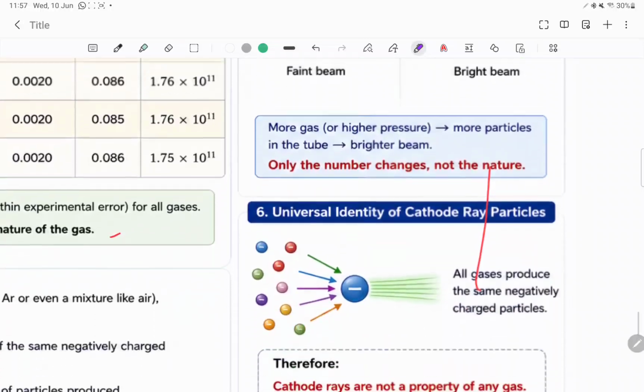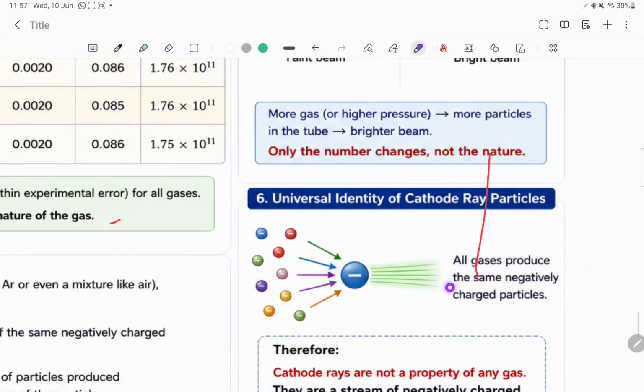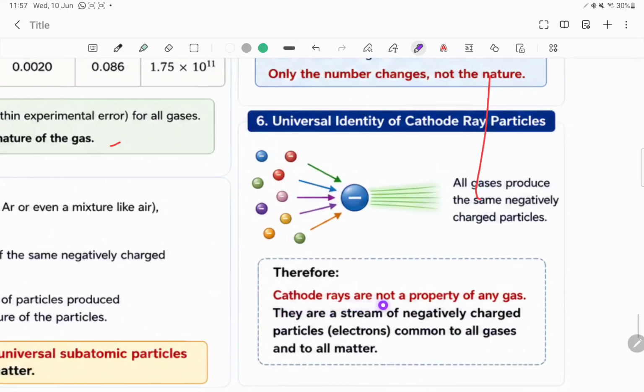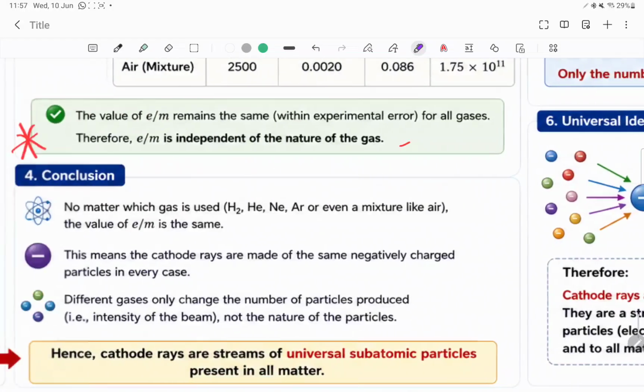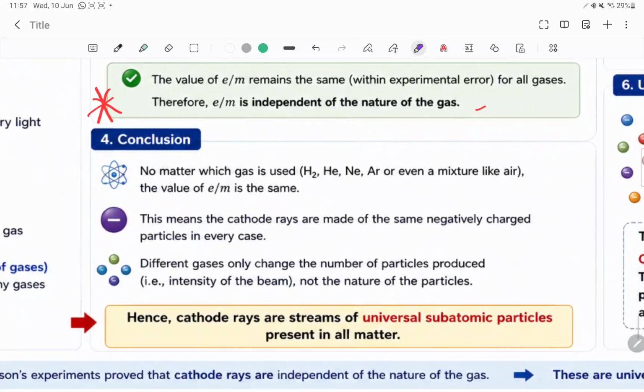So all the gases produce the same negatively charged particles. Therefore, cathode rays are not a property of any gas. They are a stream of negatively charged particles common to all the gases and all matter. So the final conclusion: cathode rays are a stream of universal subatomic particles present in all matter.